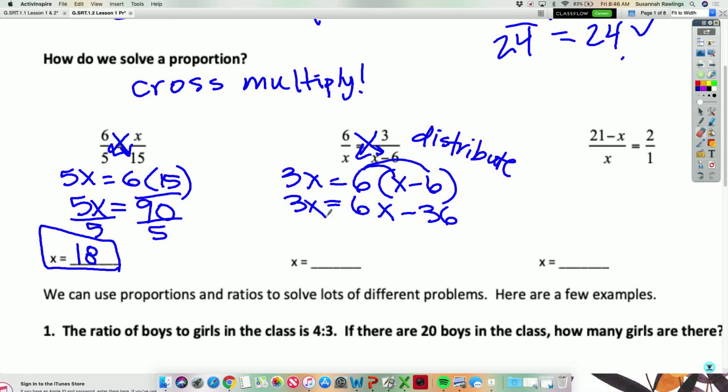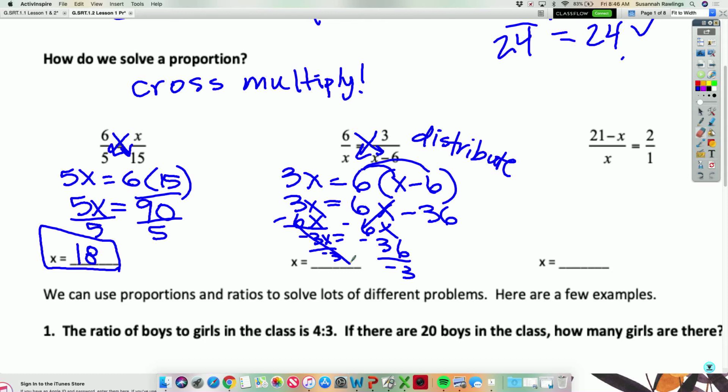I'm moving through these quickly because you guys are good at this already. So I'm going to subtract 6x, start combining my like terms. So I have negative 36 left, and then that is a negative 3x. When I divide negative 36 by negative 3, what do I get?